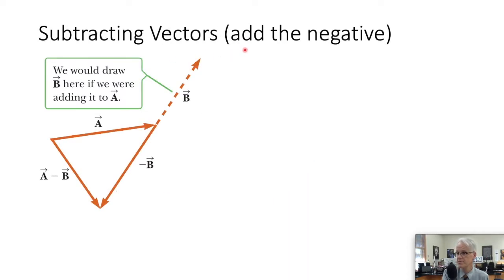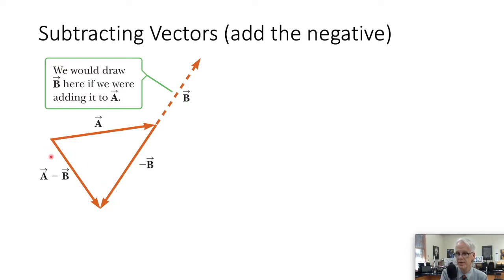Subtracting a vector is merely adding the negative. Remember, we had vector A and we added vector B. If we were to subtract vector B, we would just add the negative. And notice that negative B has the same magnitude, it's just going in the opposite direction.